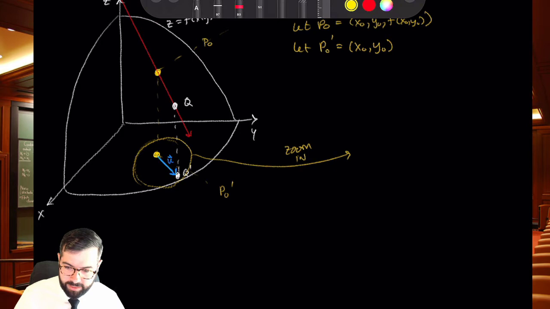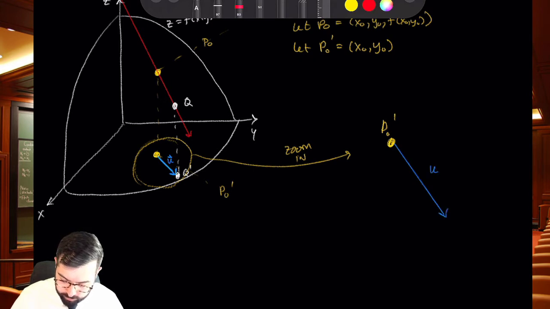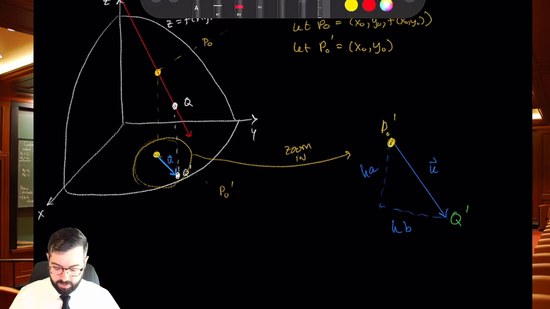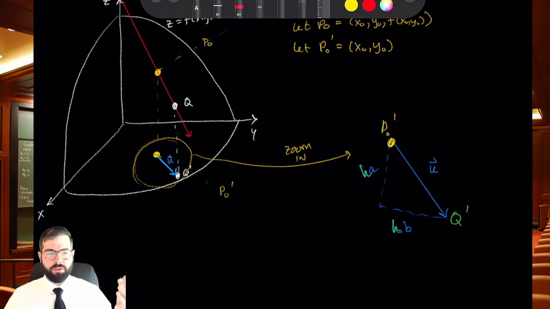What this really looks like at the point p prime, here's my direction vector u, which has components h times a and h times b, scaled up between this and some q prime. h is that shrink wrapper that we let go to 0. a and b are just the components of the unit vector, the direction that it's pointing in.